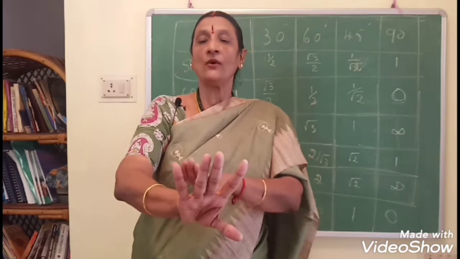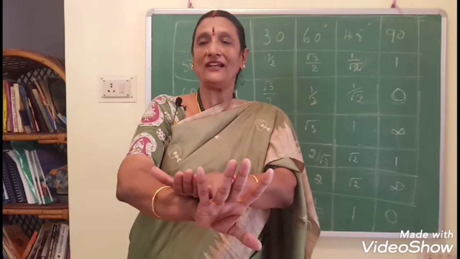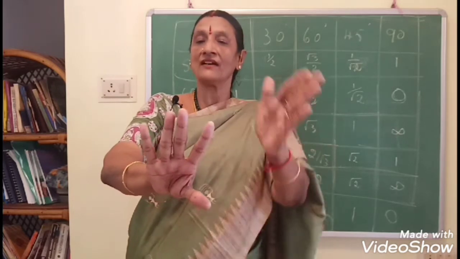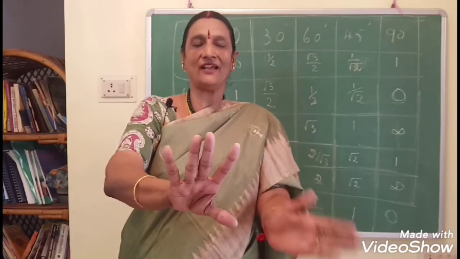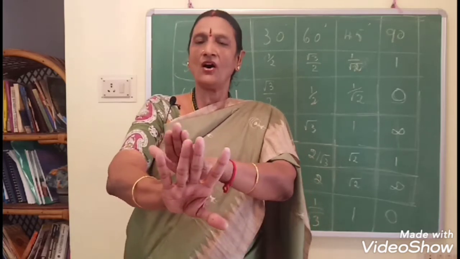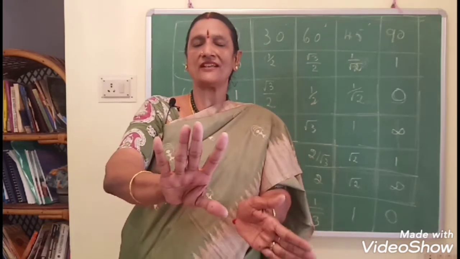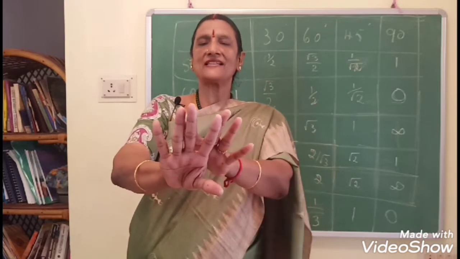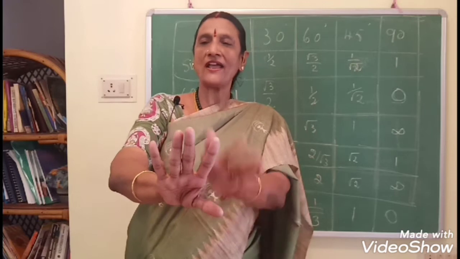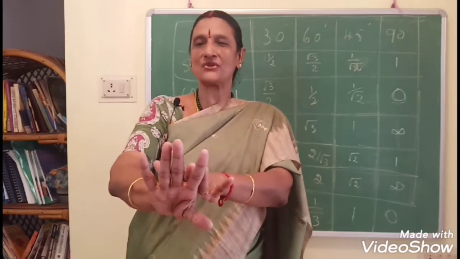Understood? Now, for the same 0 value, what is cos? When I say cos, you should see to your left. So, when I say cos 0, all of you see to your left and tell me how many fingers are there. There are 4. So, the square root of 4 is what? 2.